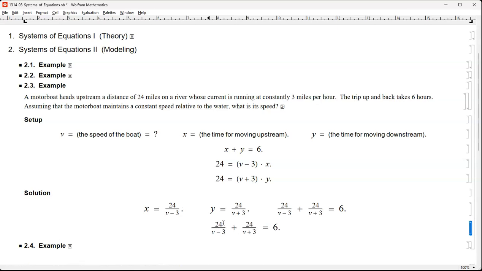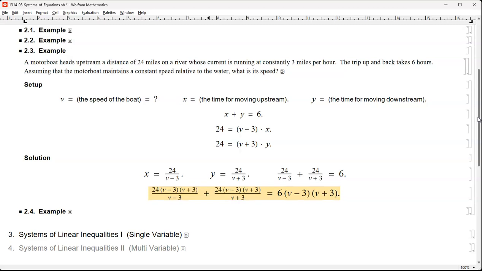So here, multiply by v minus 3, v plus 3, and then here as well, and then you have to multiply the same thing here, v minus 3, v plus 3.